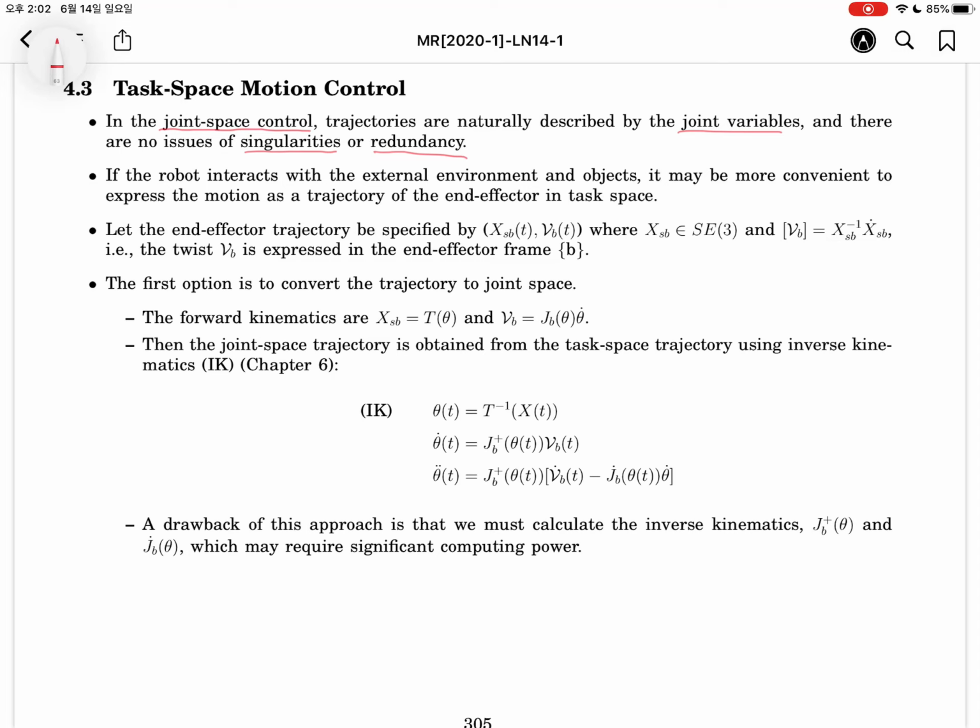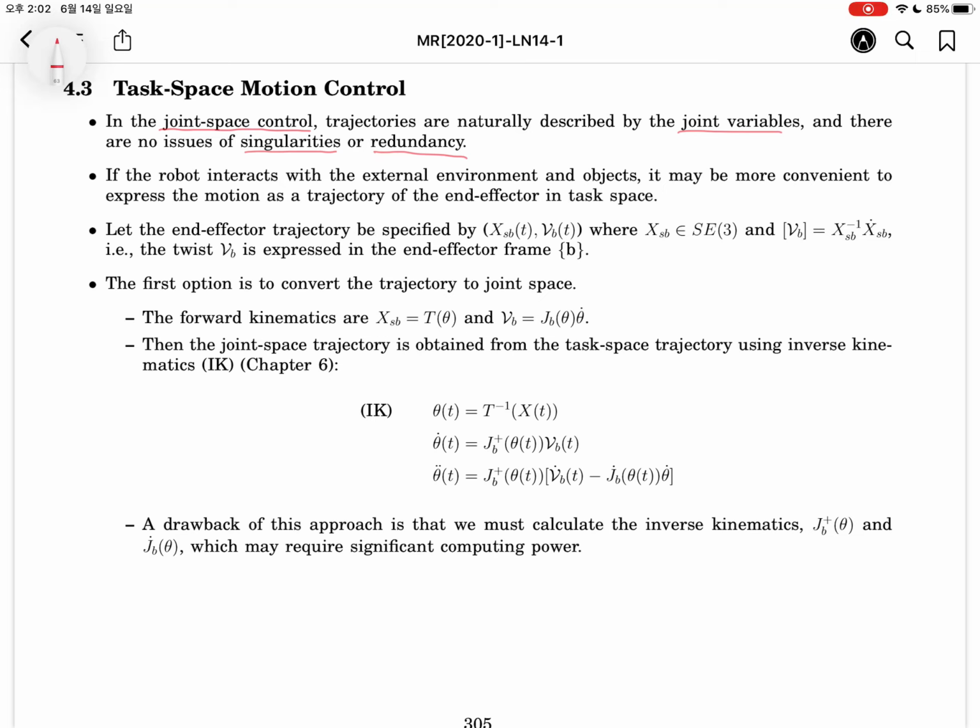The desired joint trajectory and velocities are obtained from the trajectory generation function. So there is no issue with the mapping from the task to the joint.